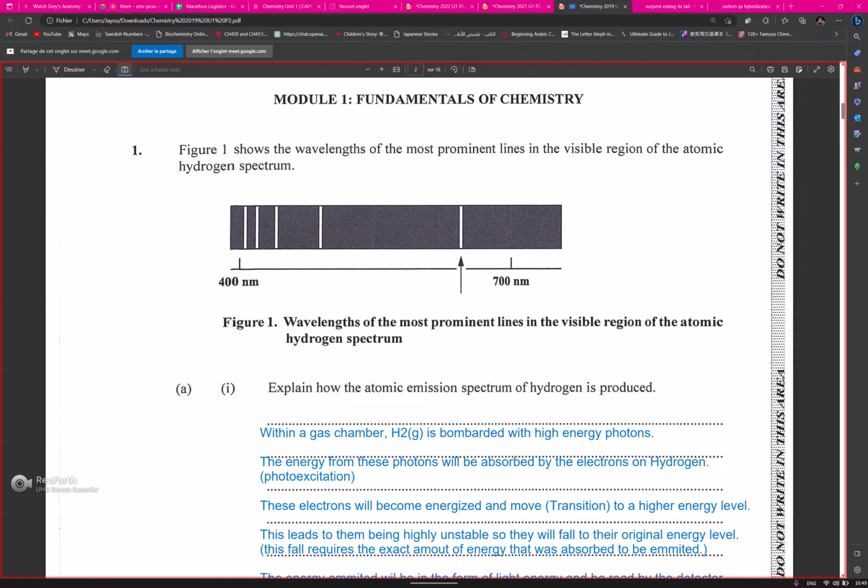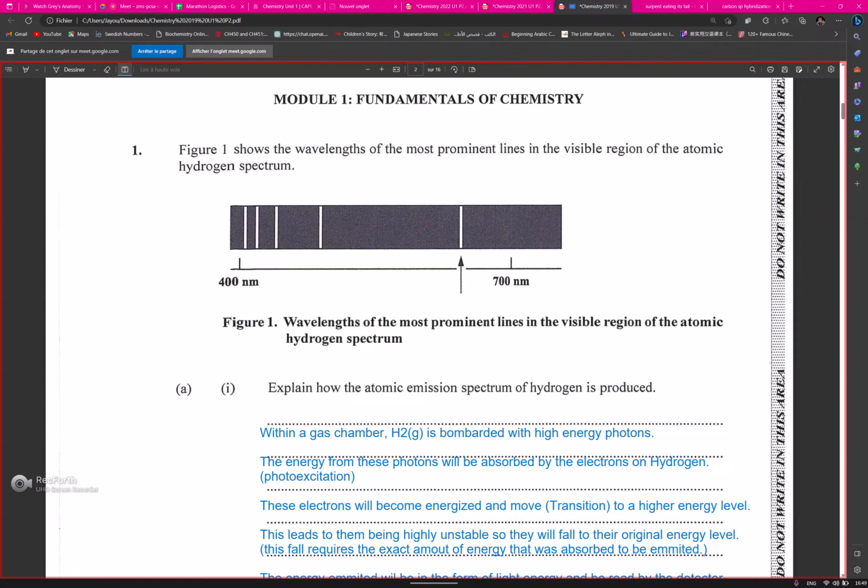So what we're saying is that the lines show discrete energy levels because the energy required for electronic transition is specific. It is quantized. So there can be no transition between energy levels. That's why it shows this type of emission spectrum. When light is absorbed, the electrons transition to different energy levels, and then they release energy.